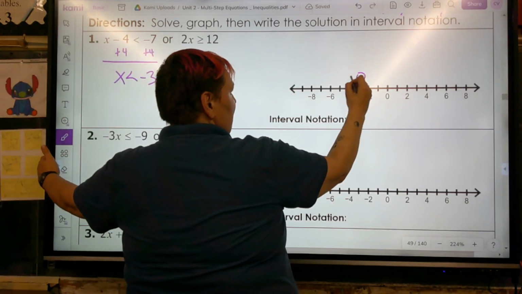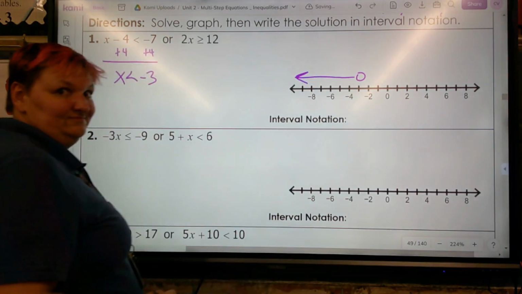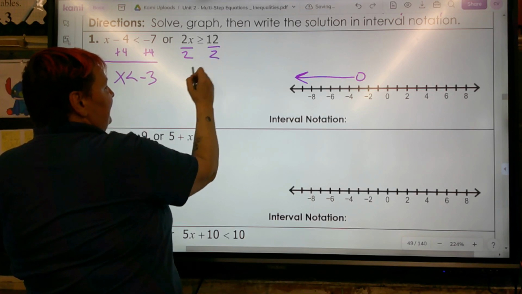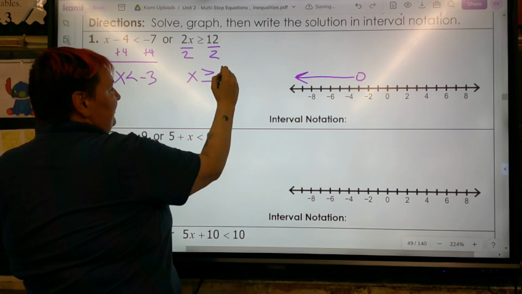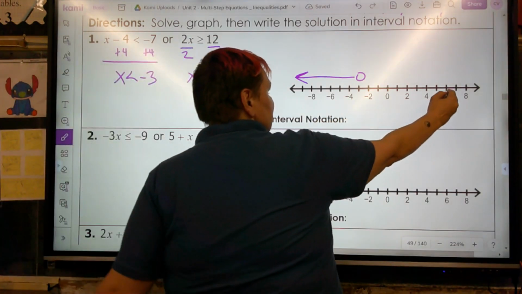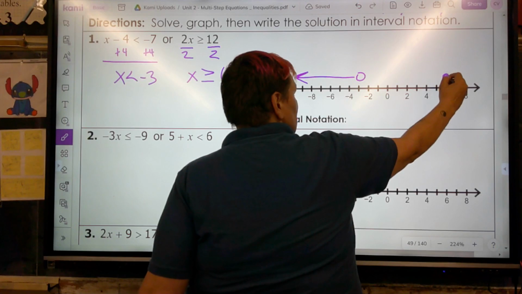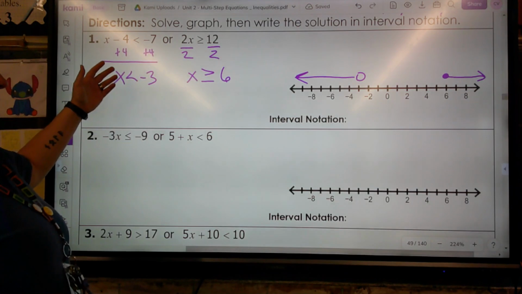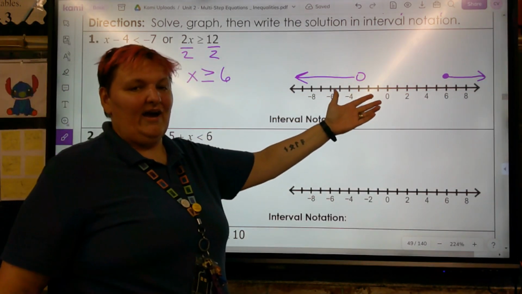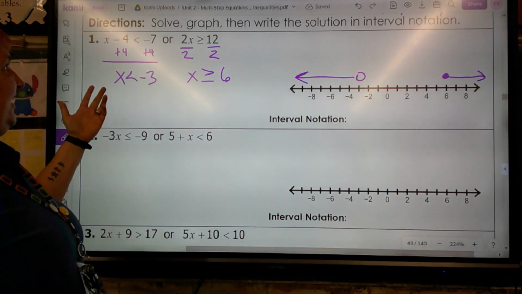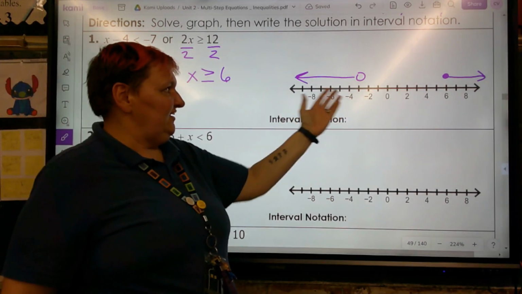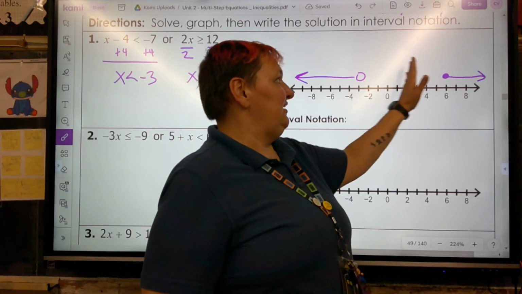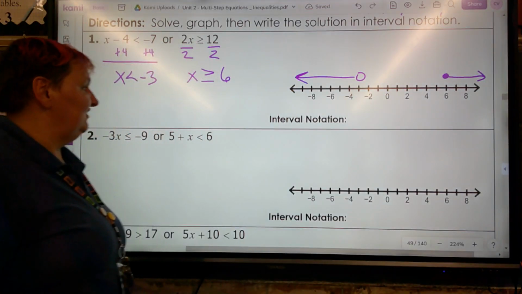It's open circle, less than, or divide by 2 to isolate the x. It's greater than or equal to 6. So 6, closed circle to the right. That's it. It's basically two inequalities on one graph. Because x could be somewhere in here or somewhere in here. But it can't be in between.